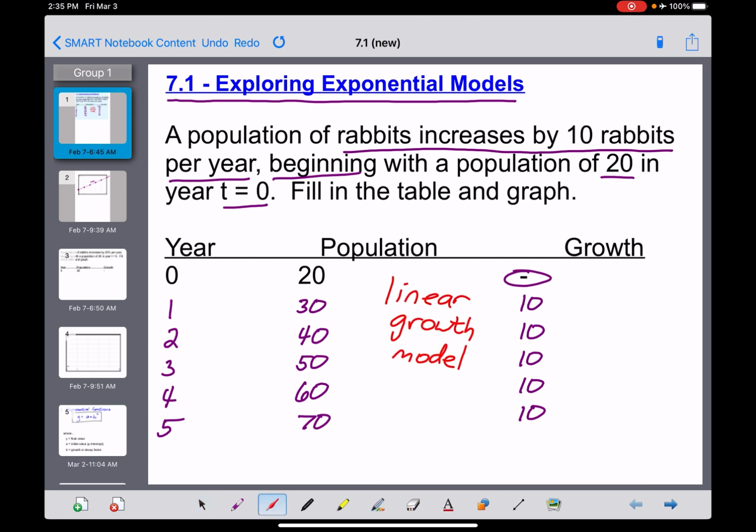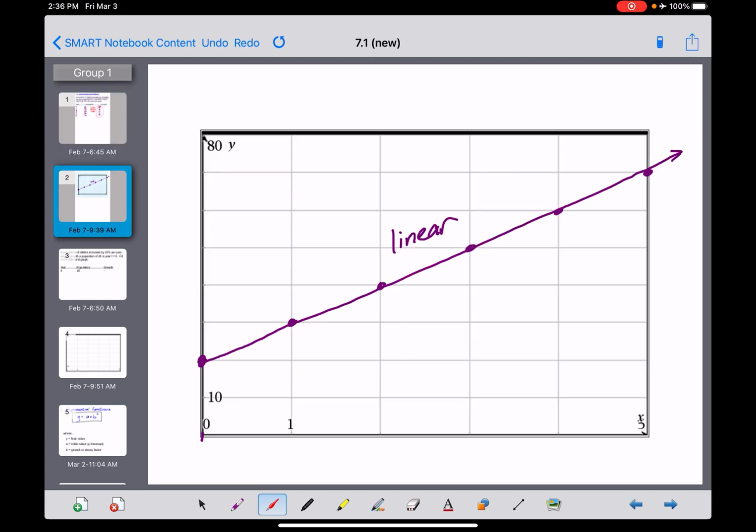And in a linear growth model, it's the amount of growth, the number of rabbits in this case that we're adding each year, that remains constant. And in the graph, that slope right there is that growth model. If we were to measure the slope between any 2 points right here, we're going up by 10, which is the number of rabbits, and we're going to the right by 1 year.